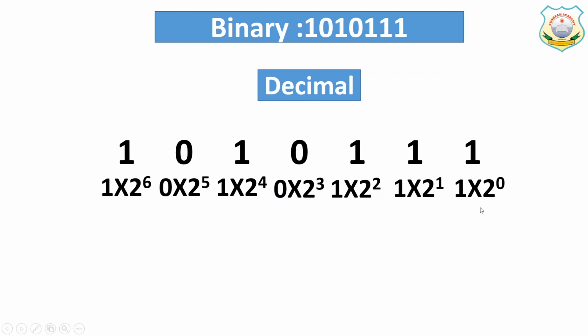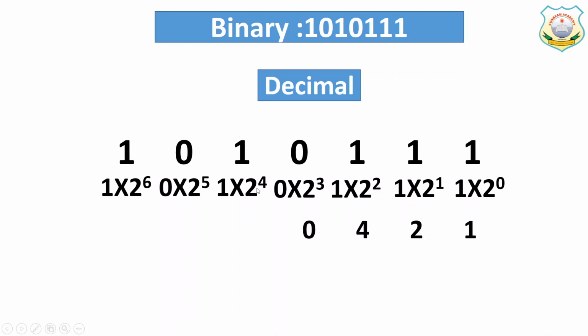For example, 1 into 2 raised to 0, that's 1. 1 into 1, so the answer will become 1. This is 2 raised to 1, this will be 2. 2 into 1, that is 2. This will be 2 2s are 4 into 1, so this is going to be 4. This is again 4, that is 2 2s are 4, 4 2s are 8, and it is into 0, so this is going to be 0.